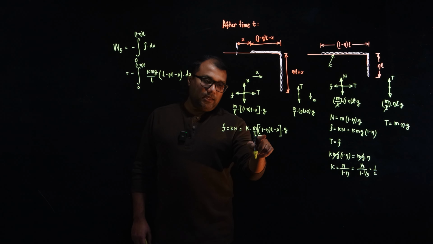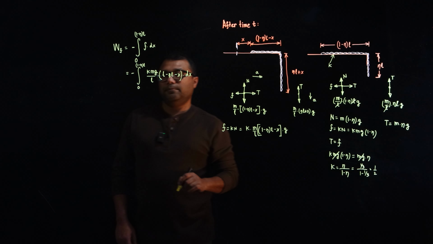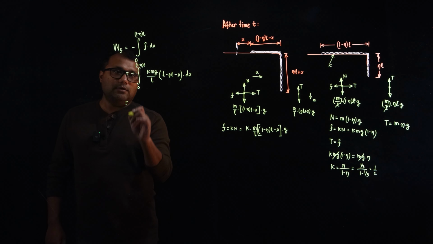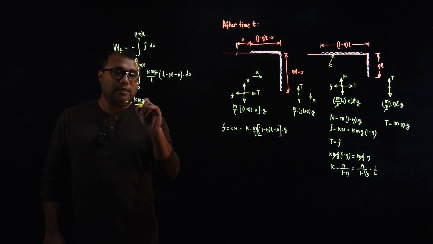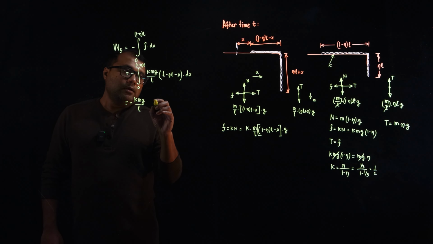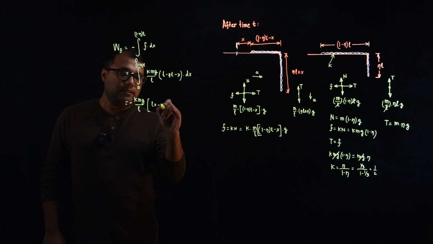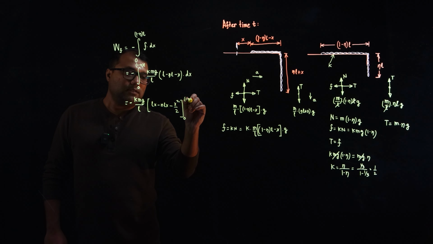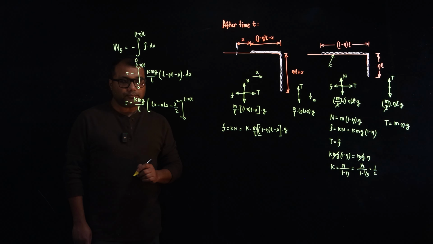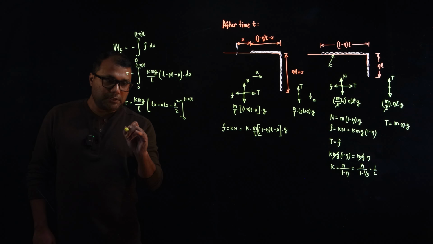Now the integration of this, if I take out the constant kmg by L, will be Lx minus eta Lx minus x squared by 2, and the limits are 0 to 1 minus eta L. Now let's substitute the limits.